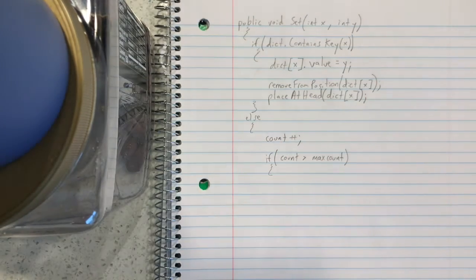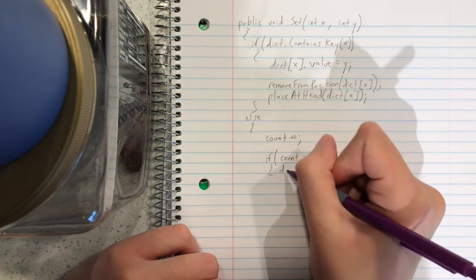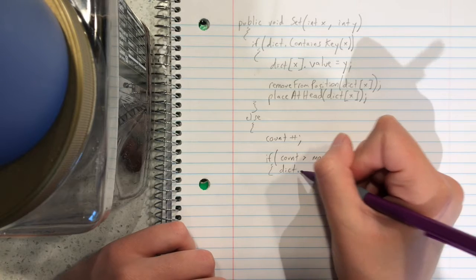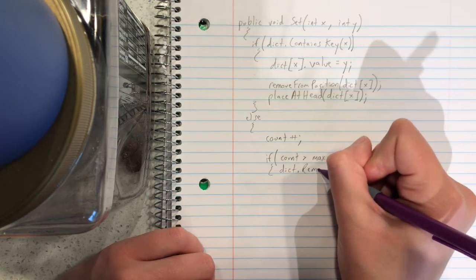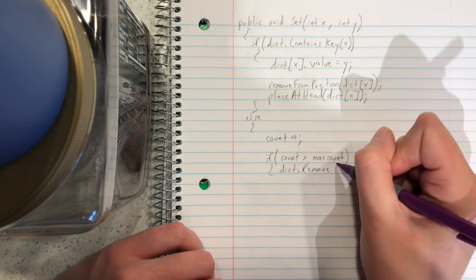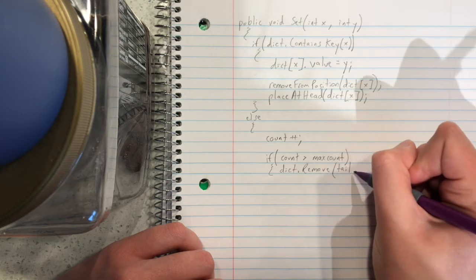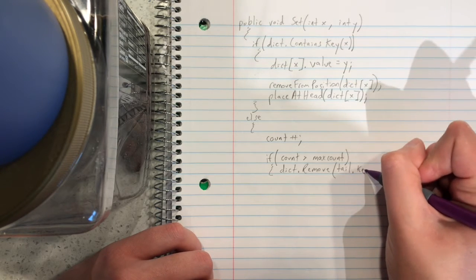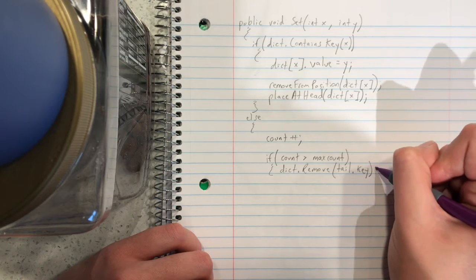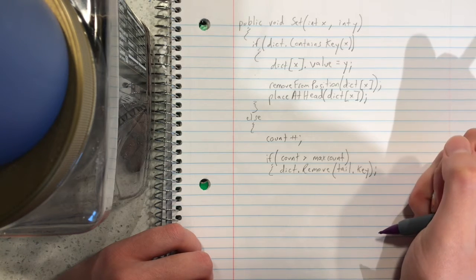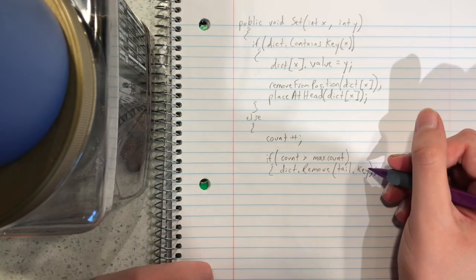From the last element in the linked list, we have to remove it from the dictionary and from the linked list. So we will remove tail.key, which is tail's key that we stored.